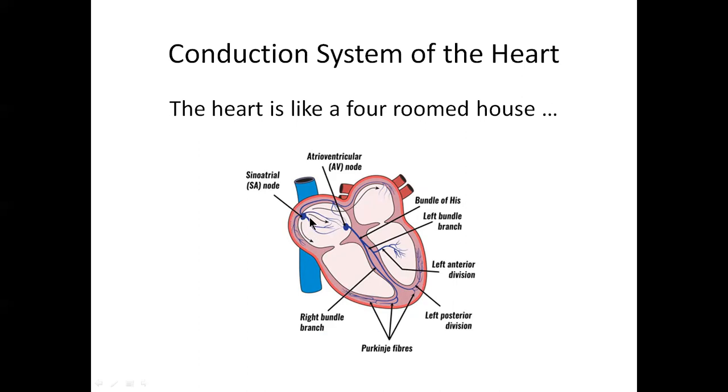And from there, it goes to the AV node. And from the AV node, through the bundle of His, divides into two, the right bundle and the left bundle. Now, the left bundle has two parts, which is the left anterior division and the left posterior division. Once again, SA node, AV node, bundle of His, right bundle and left bundle.